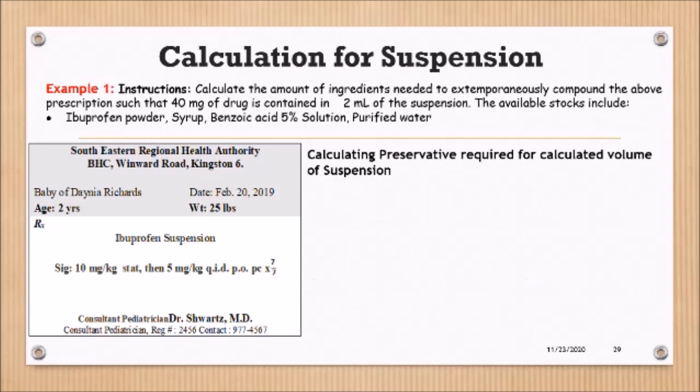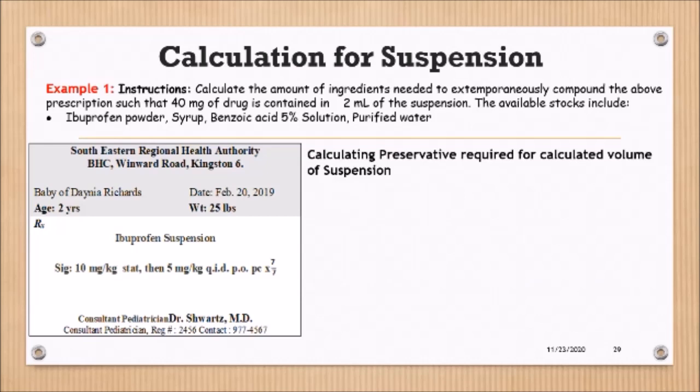Because we are now going to be compounding 65.3 mils of suspension, we have our drug and we have the volume. We now need to calculate how we are going to preserve the formulation. We're going to be using benzoic acid, which is available there. But we can't just jump and use 5% benzoic acid.